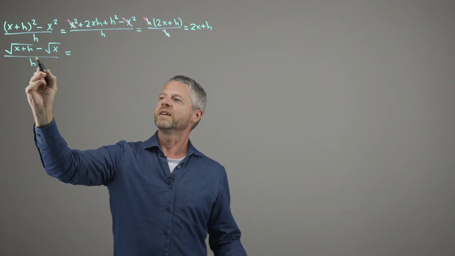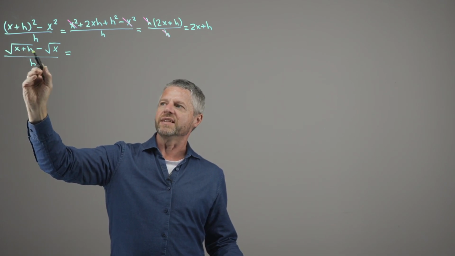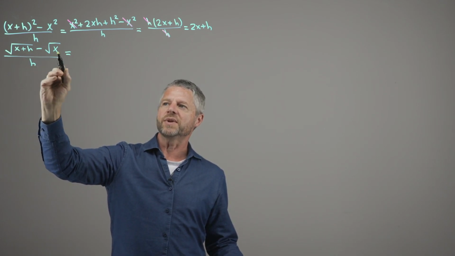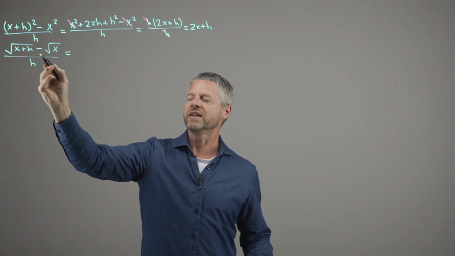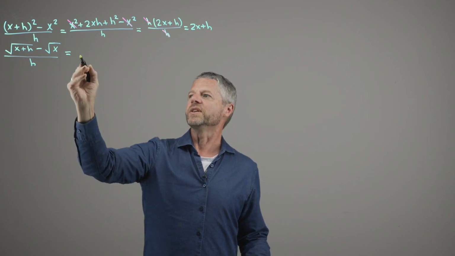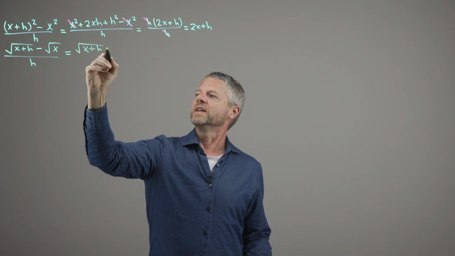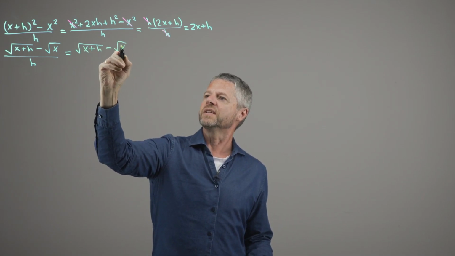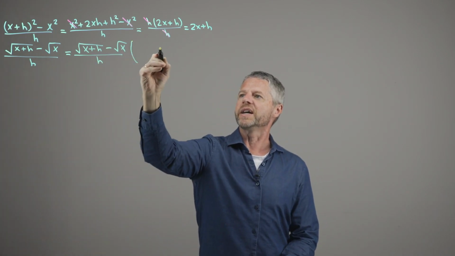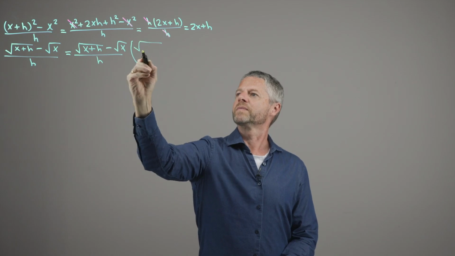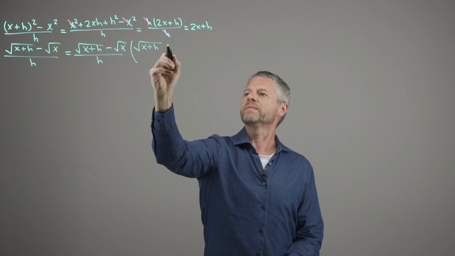When I've got square roots like this, and I've got the difference between two square roots, I can use the idea of a conjugate to see if I can make some headway. What I'm going to do is take the expression as written, and then multiply by the conjugate of the numerator.